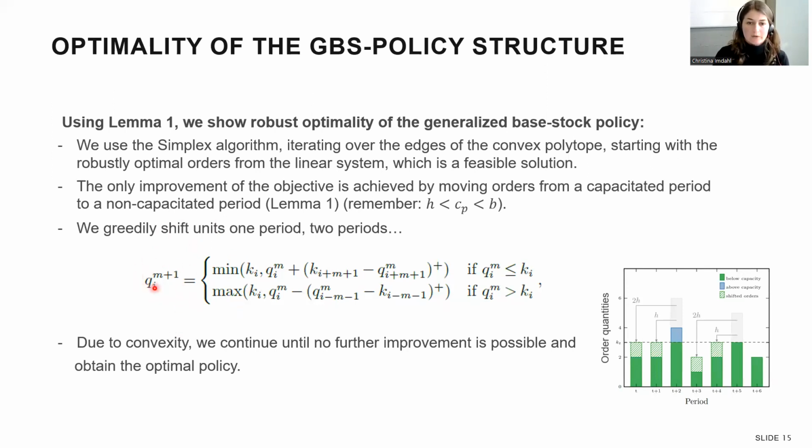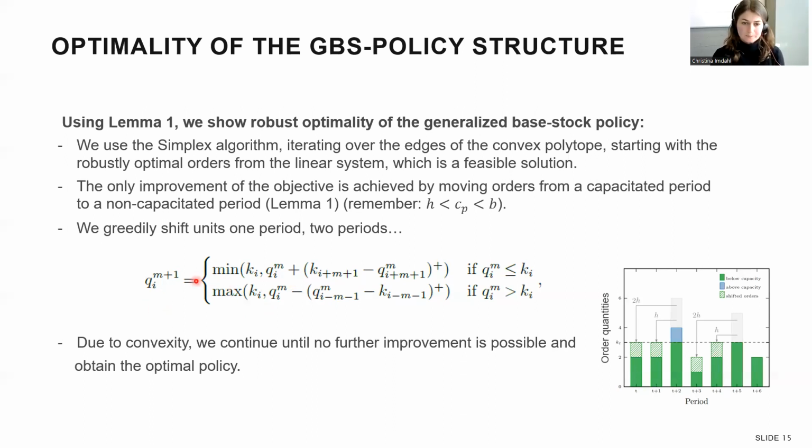And this is just the analytical formulation of this. So if we shift 1 unit and we have capacity in that period I, then we have at most the capacity, because we're never going to shift to that period above the capacity, or exactly what we can shift from the previous periods, from periods M ahead to that period. On the other hand, if we are above the capacity in that period, then we want to look at what can we shift to previous periods from the period.